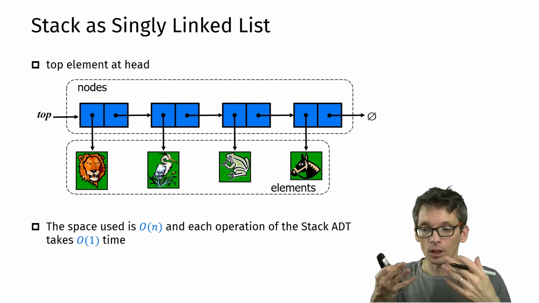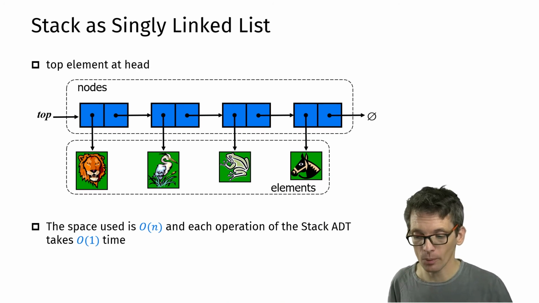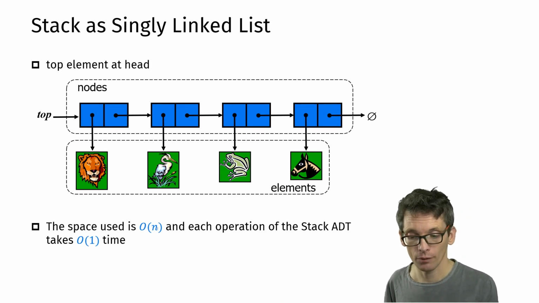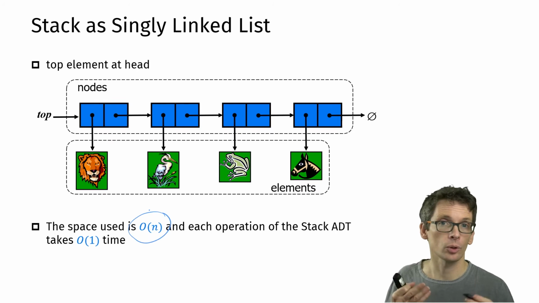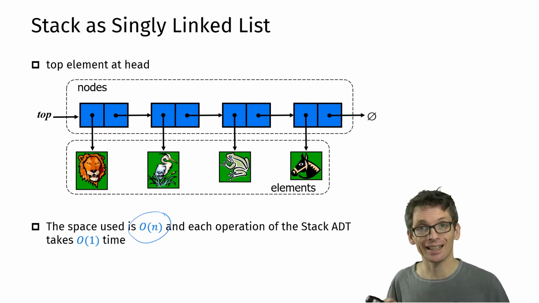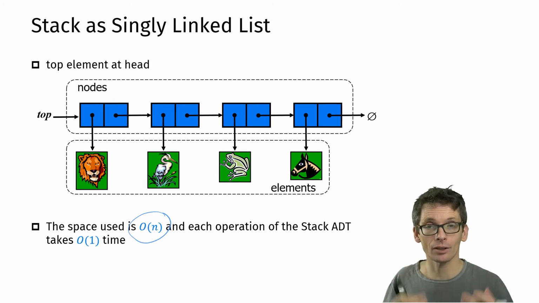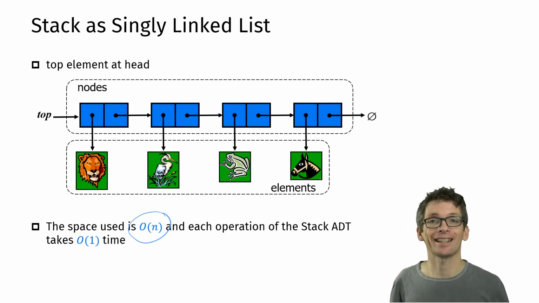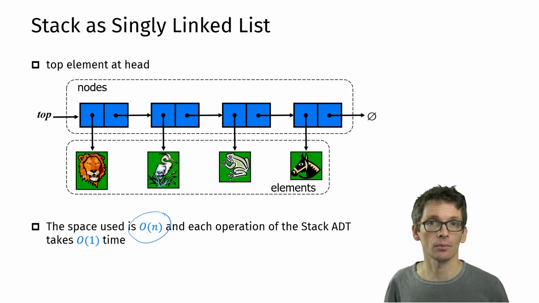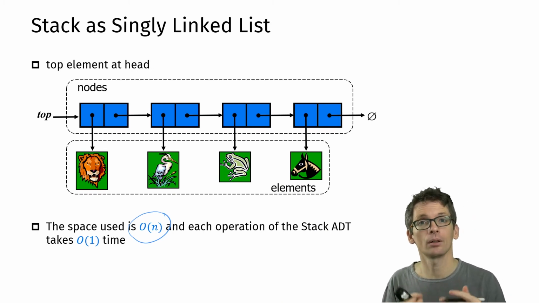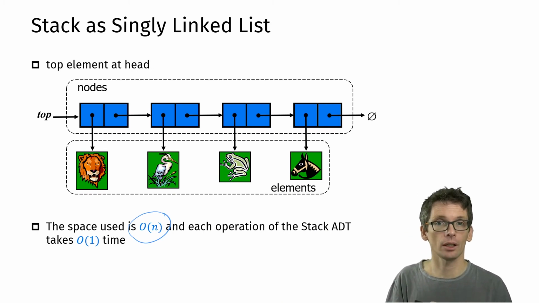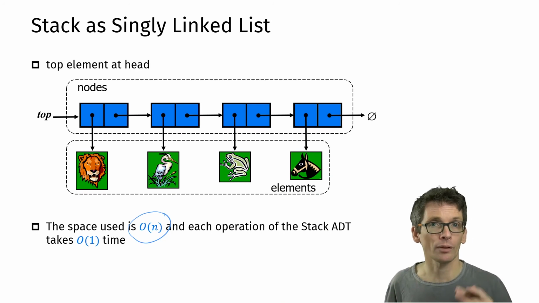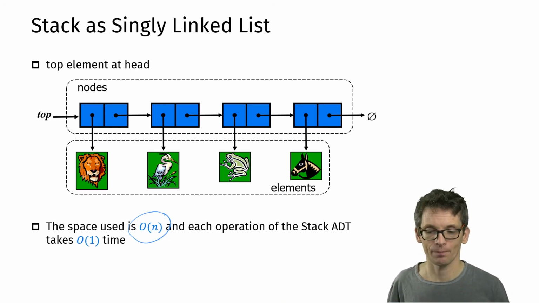And in this way, we can use singly linked lists to implement stacks efficiently. Efficiently meaning that to store a linear number of elements, we need linear space because every node takes constant space, and the operations take constant time. The operations being push and pop, which correspond to insert and delete, and then we can keep track of the size and whether the linked list is empty.